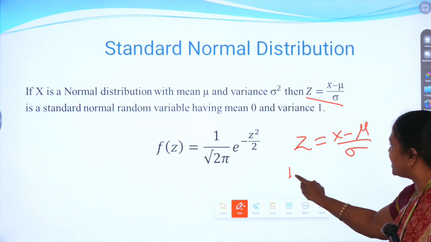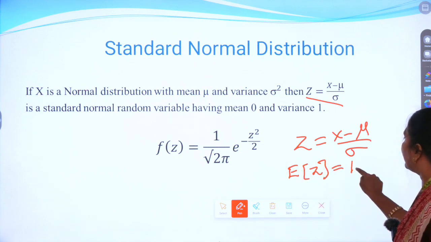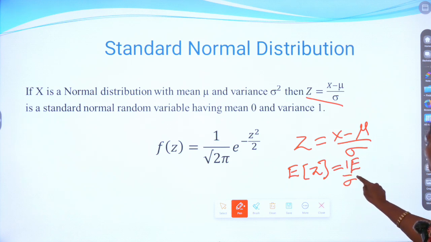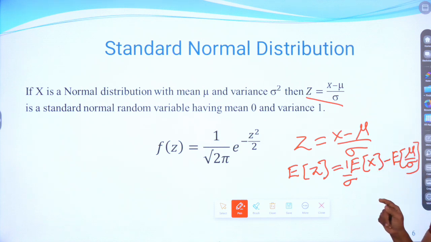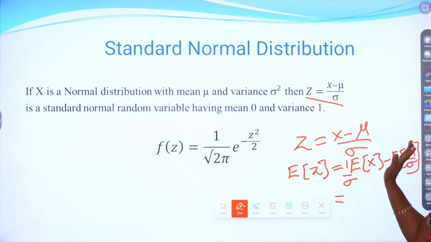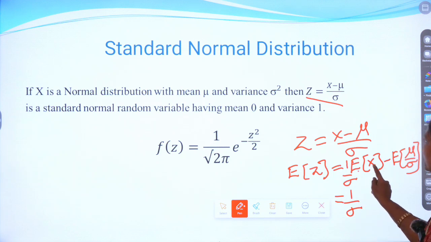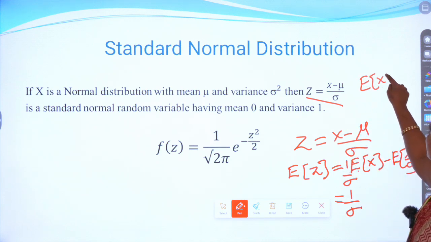If we take expectation on both sides, expectation of z, how can we write it? If you separate this, we can write it as 1 by sigma into expectation of x minus expectation of mu by sigma. The expectation of the constant term is constant. So 1 by sigma, what is the expectation of x? We denote mu as the mean.